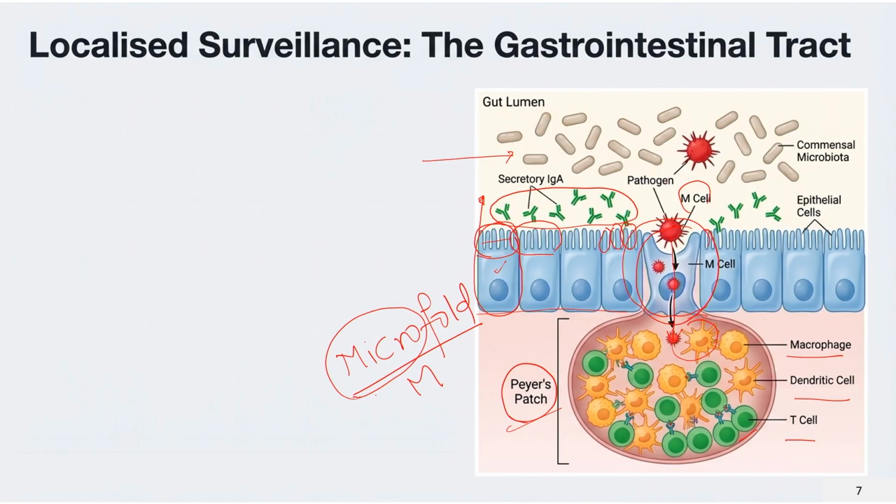So the GI tract is also a very important site where we can see a lot of immune sentinel cells present. So in total, what we have understood till now is that we have primary and secondary lymphoid organs. We have different kinds of cells, either on the innate immune side or the adaptive side, and there are some specialized cells such as plasma and mast cells. And then we have 3 layers of cells which are tackling the entering pathogen.